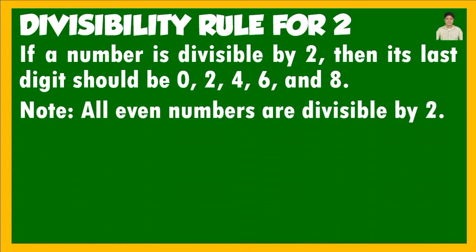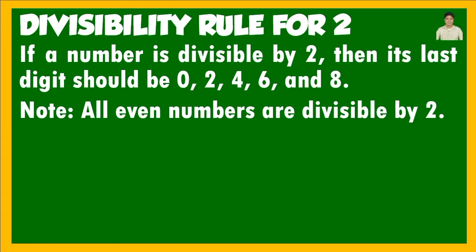Note, all even numbers are divisible by 2. Since we are checking the ones digit or the last digit of a given number, a number divisible by 2 must end in 0, 2, 4, 6, or 8. Otherwise, we cannot say that the given number is divisible by 2.